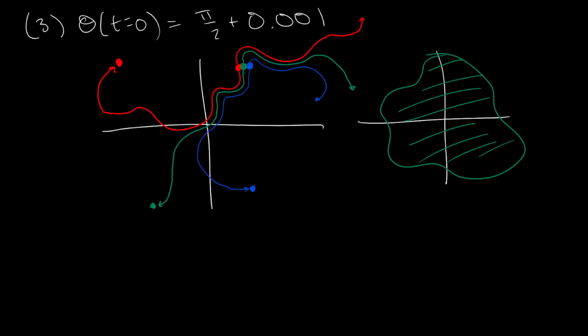Right, and these paths will also end up diverging, but they'll stay close, sort of bunched up together as I run time backwards as well.